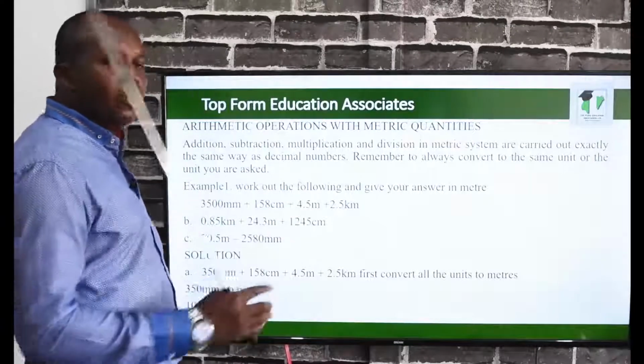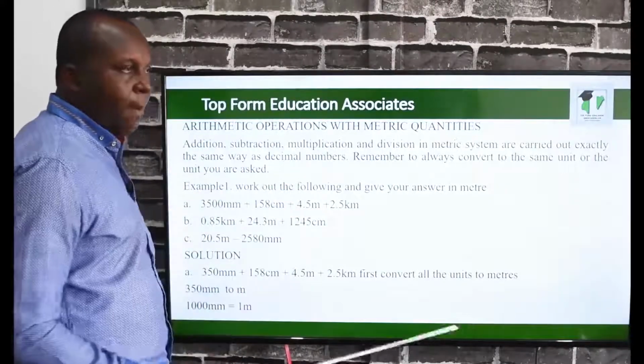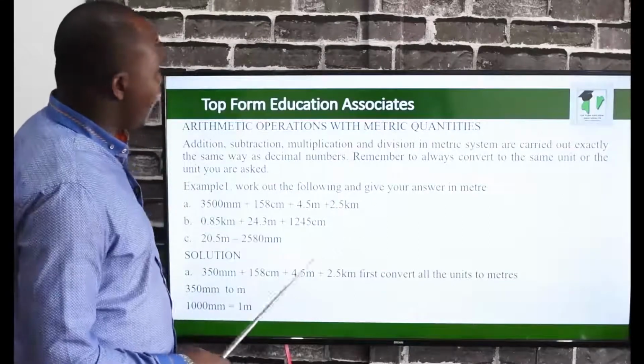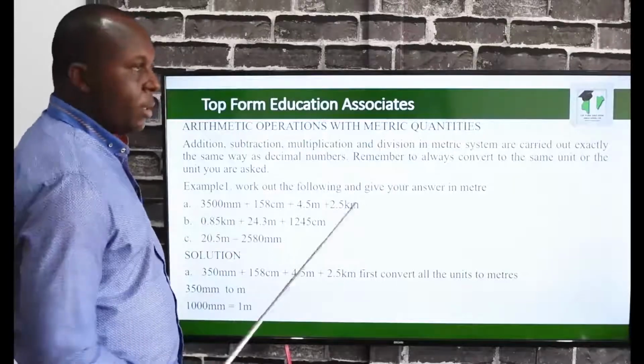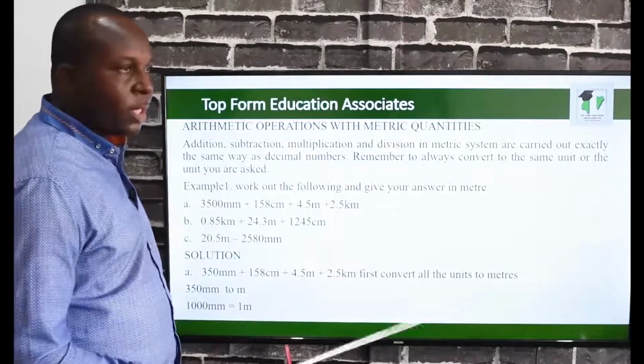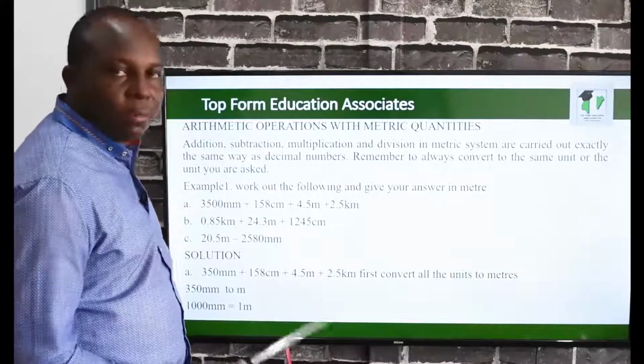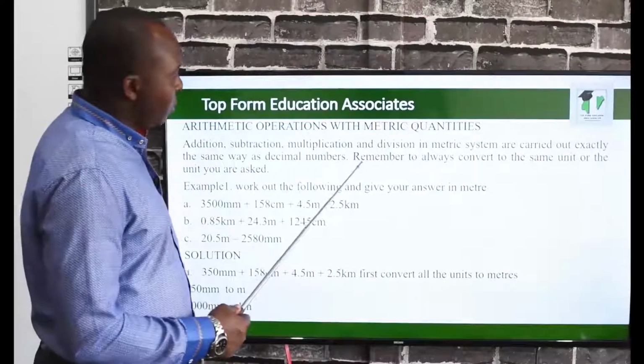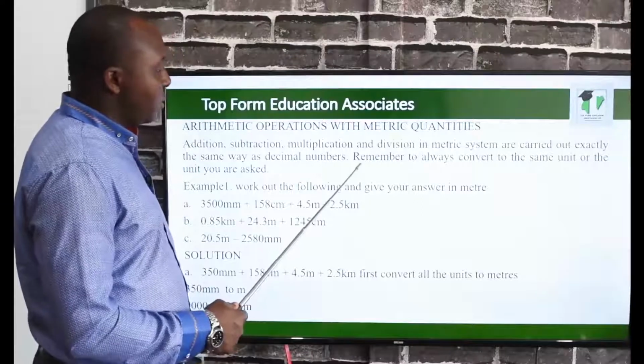We arrange it the way we used to arrange our decimal numbers. I think we did that in the previous chapter of the lesson: addition and subtraction of decimal numbers, multiplication and division of decimal numbers. So you just need to refresh and recall everything under it.